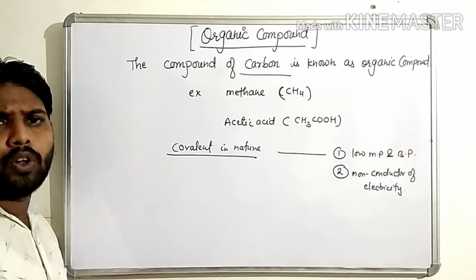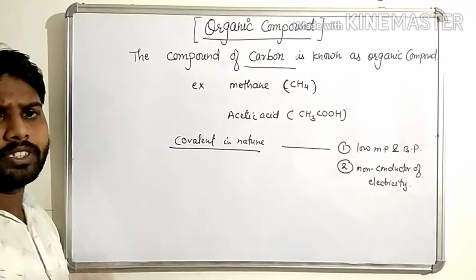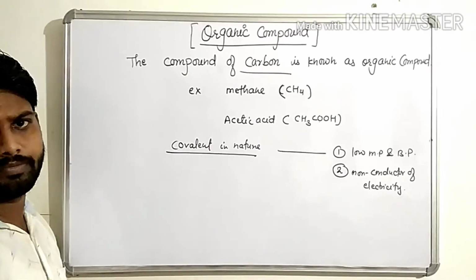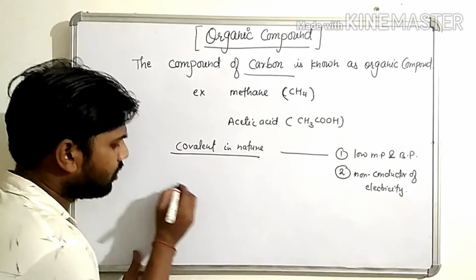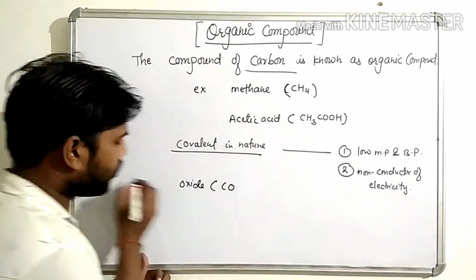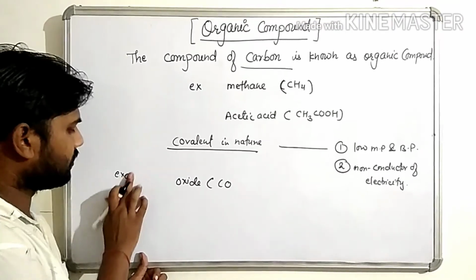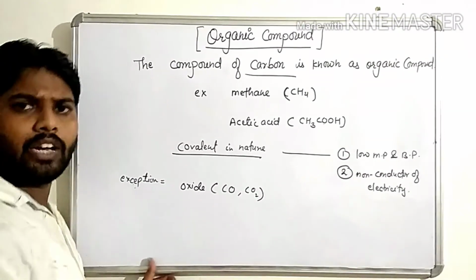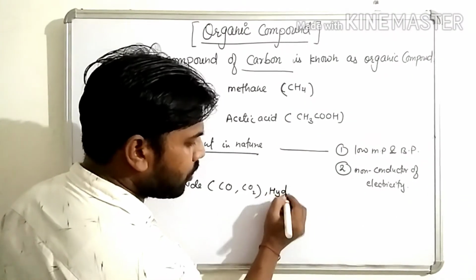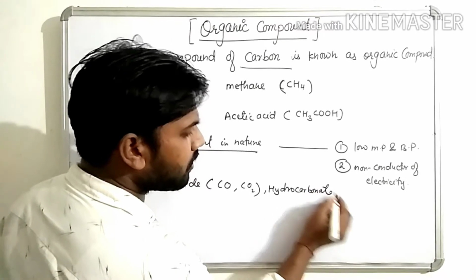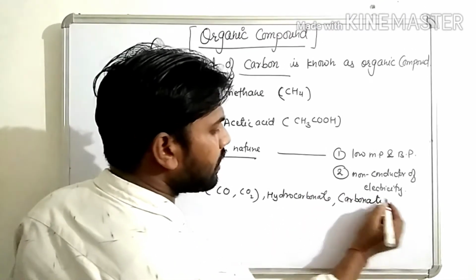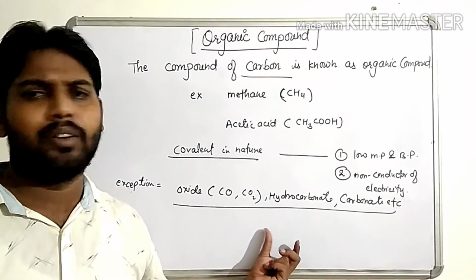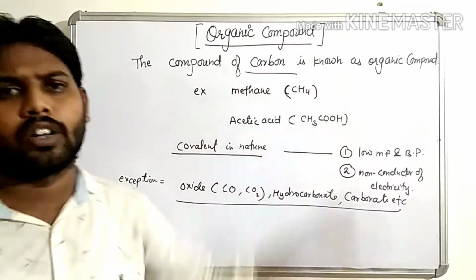Students, there are also some carbon compounds, meaning carbon-containing compounds, but they are not regarded as organic compounds. These are oxides like carbon monoxide, carbon dioxide, any hydrogen carbonate compound, any carbonate compound, etc. Children, these compounds contain carbon, but they are not regarded as organic compounds.